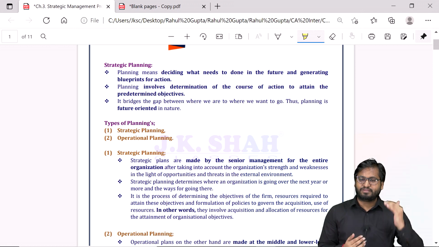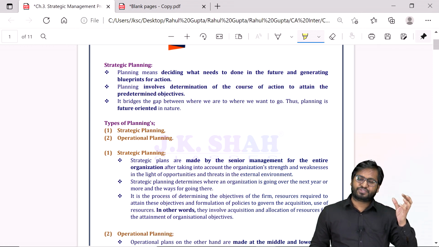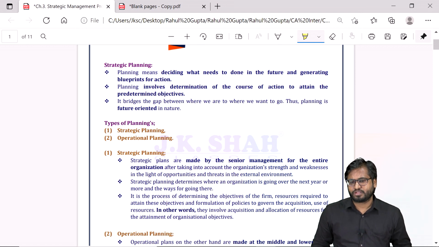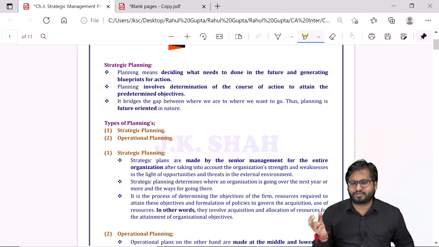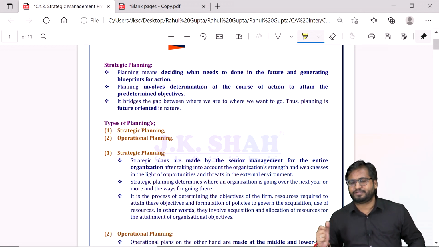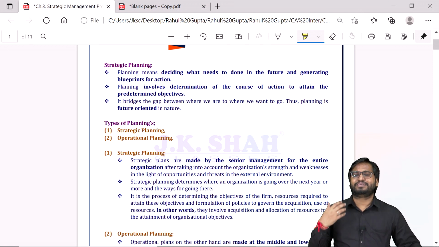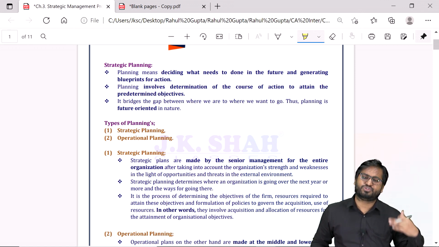Then we studied vision, the definition of vision, elements of vision, essentials of vision. Then we studied mission. Why do organizations have a mission? What are the tips to be considered while writing a mission statement? Goals and objectives. What are the characteristics of goals and objectives? What are the different types of objectives, long term, short term?